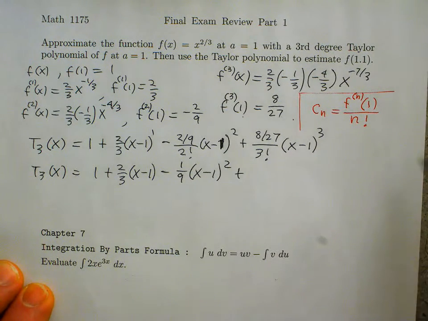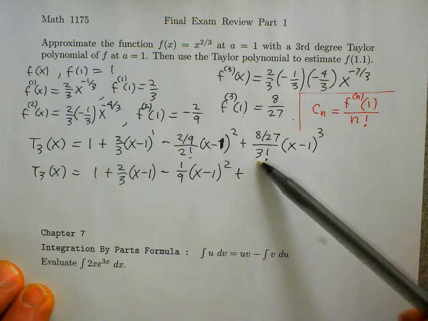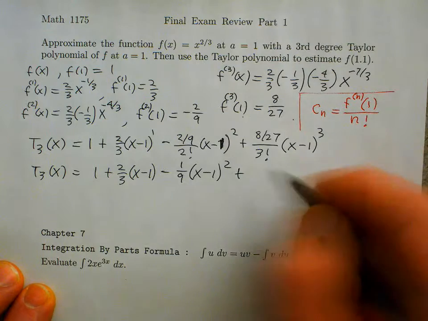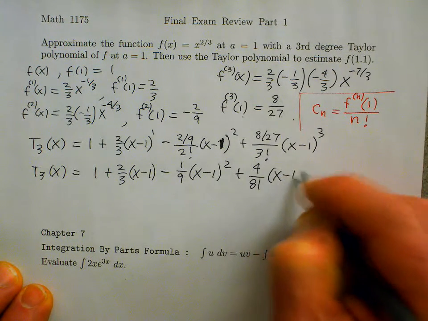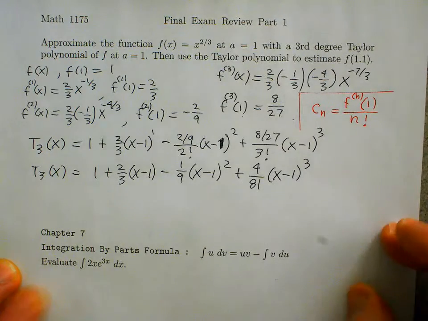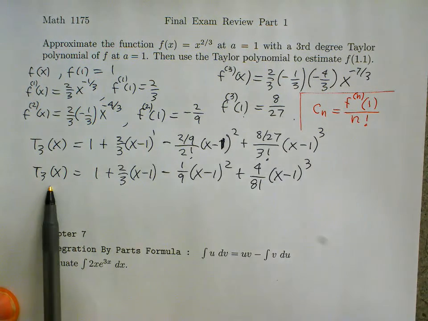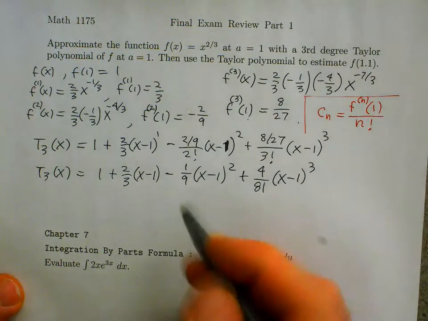And the next one, 8/27 divided by 6 simplifies to 4 over 81, times x minus 1 to the third. Okay, so this degree 3 Taylor polynomial is approximately equal to f of x.